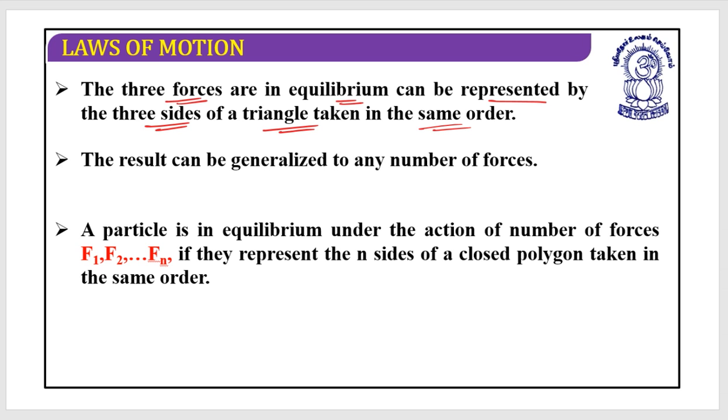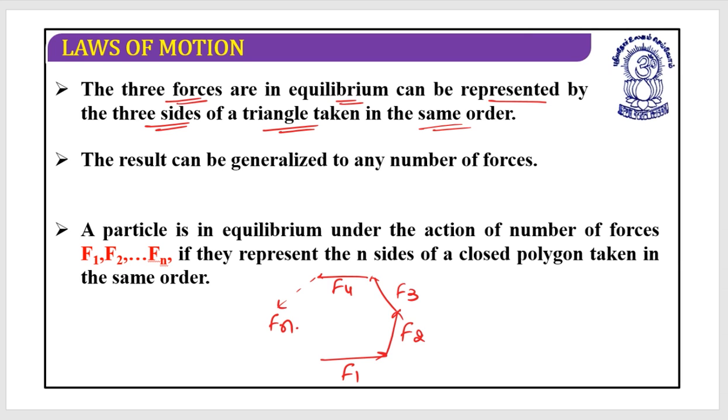For more than three forces, it is something like this: first, second, third, fourth and nth. Let's suppose this is F1, this is F2, this is F3, this is F4 and this is, let's say, Fn.